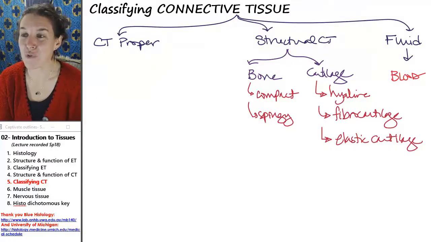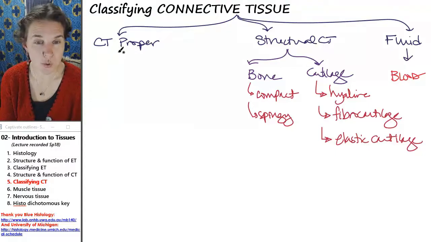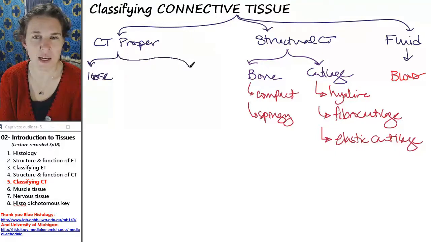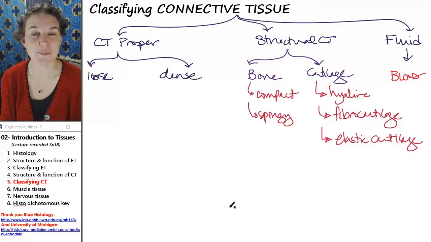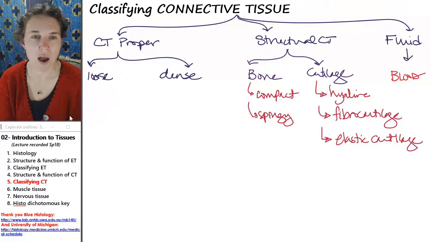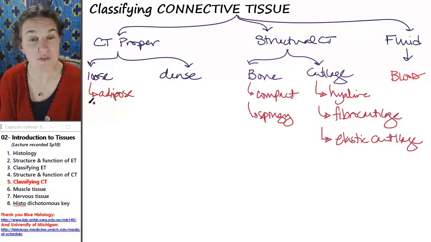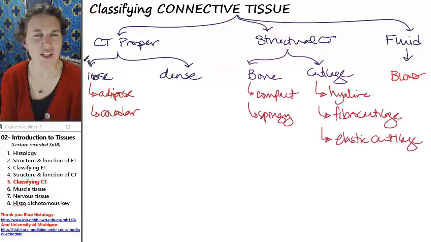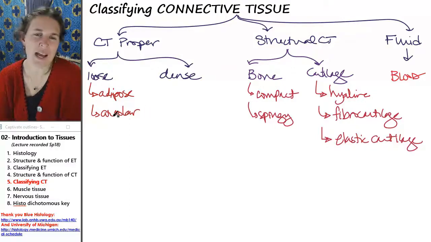Connective tissue proper has two main flavors. You have loose connective tissue proper, and you have dense connective tissue proper. And loose connective tissue, adipose is an example of loose connective tissue, and areolar connective tissue is an example of loose connective tissue.